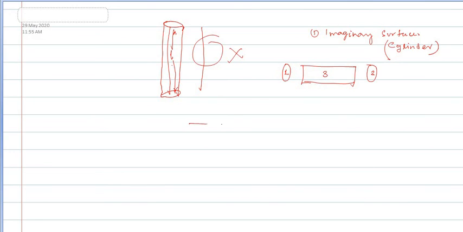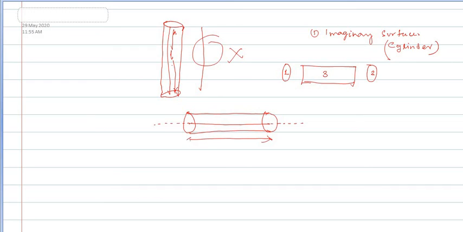Now let us do the diagram. Now this is the infinite thin wire. Now this is infinitely long. Understood not? This is infinitely long. So we are considering this. This length is how much?